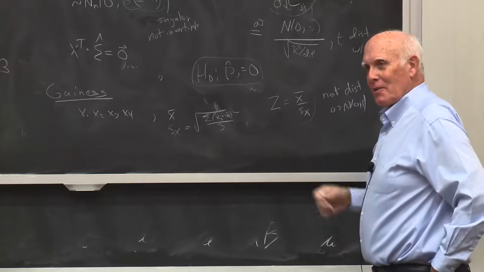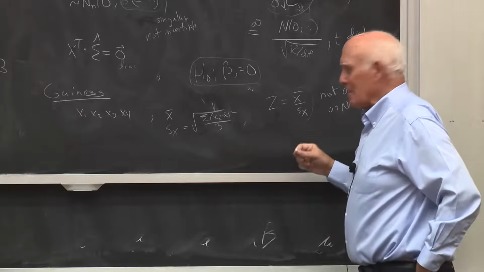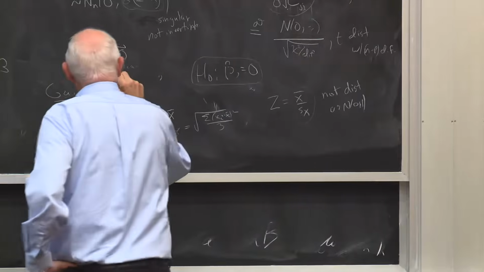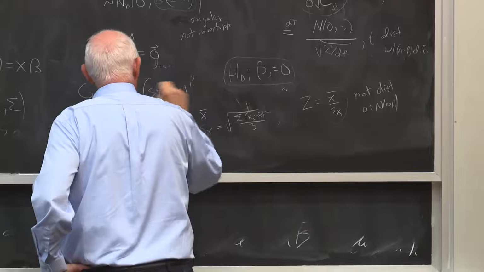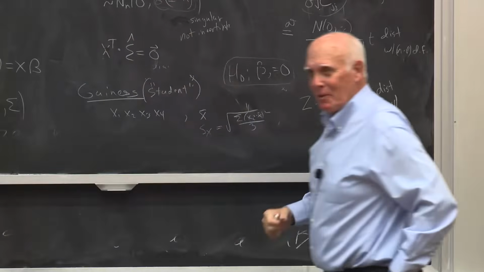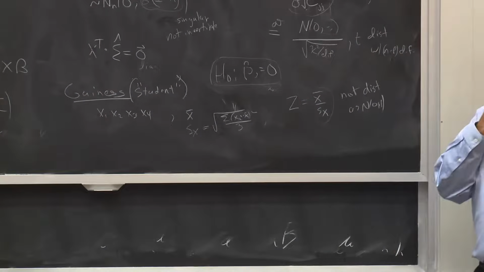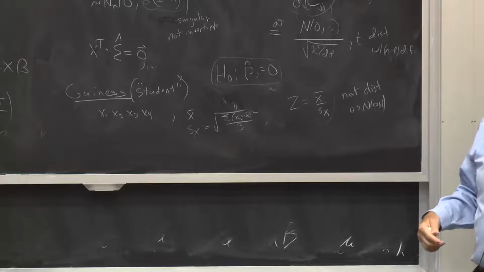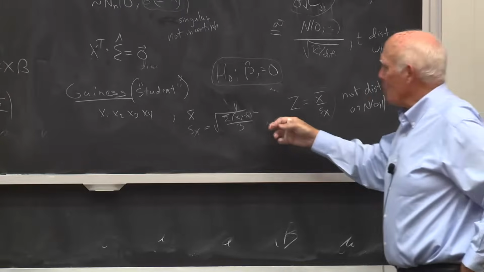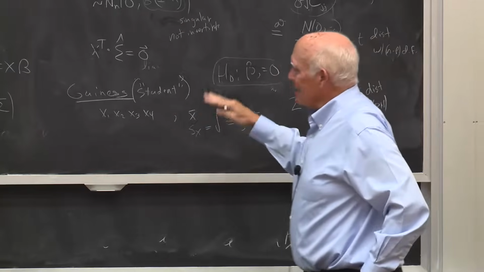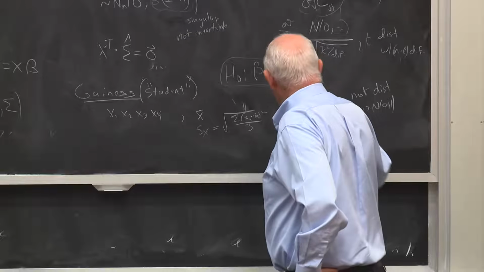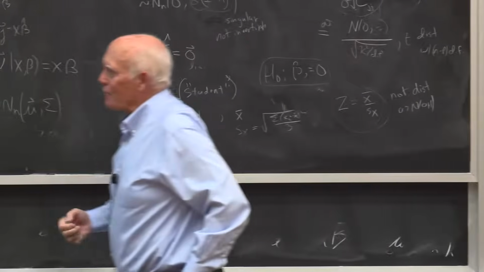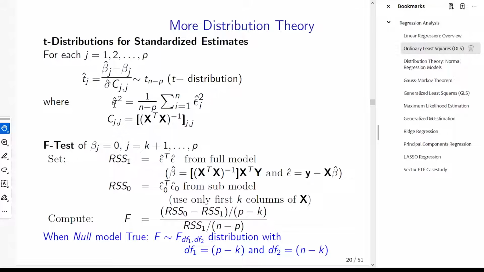There was much greater variability. And so the person who did this work, they wouldn't allow him to publish under his real name, and so he published a paper under the pseudonym Student. And so we call this the Student's t-distribution now. But what was really quite remarkable was to see that in small samples, the variability of these kinds of statistics in theory should be close to normal, but in fact is systematically different.